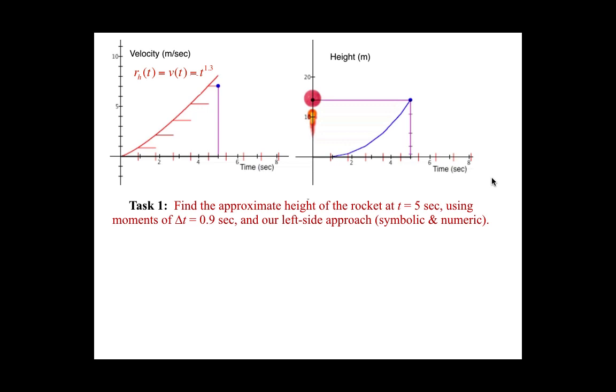But if I want to find the approximate height of the rocket, you could write this out with any combination of estimating numbers as you see them on the graph, using function notation, or, since we have a function rule here, v of t equals t to the 1.3 power, you could even write it out using t to the 1.3 power as that function rule. But think about how you would compute the approximate height of the rocket using our approximate rate function here. Think about how many full intervals we'd have, how many intervals we've passed, how far we are into the one we're in the middle of, and so forth.